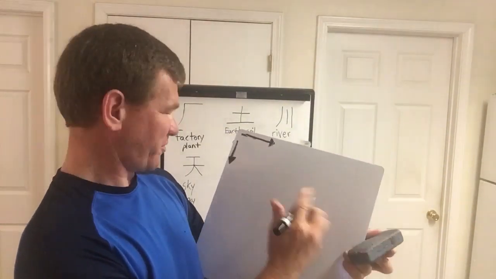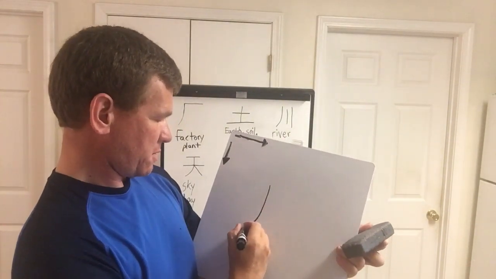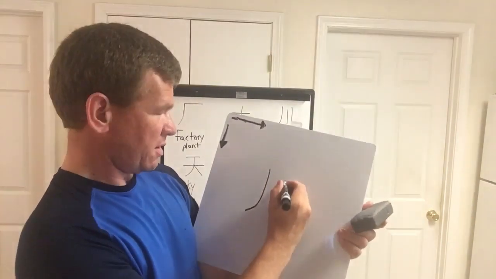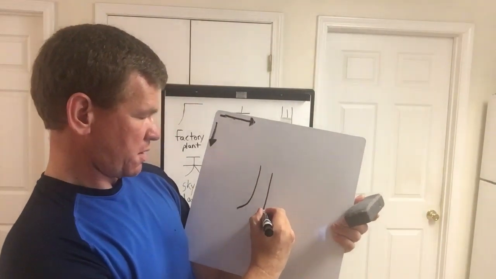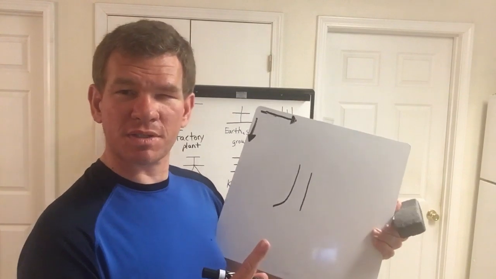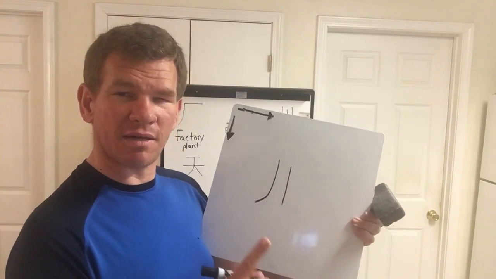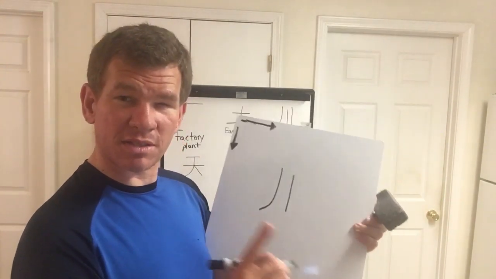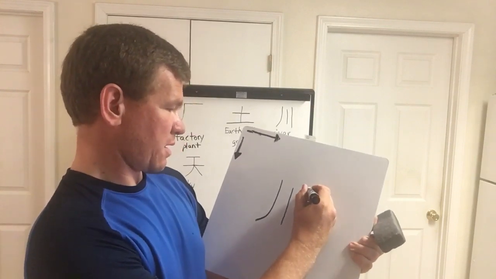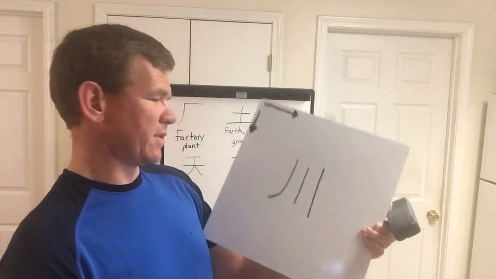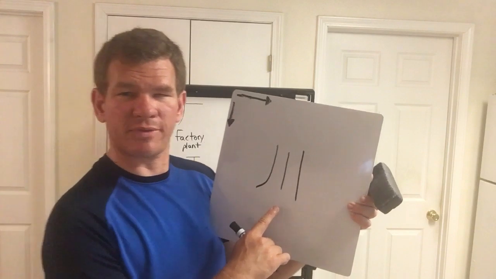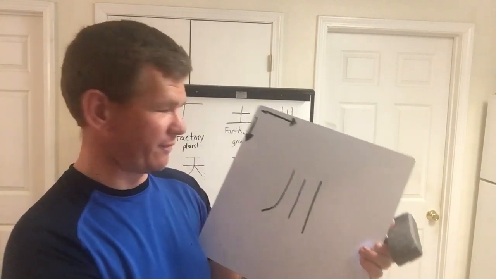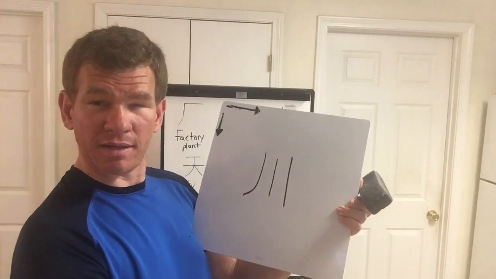It's kind of hard to tell from here. Hooks a little bit at the bottom. The middle one is pretty close to the length of the first and the third, but it's just a little bit shorter. Okay, river. This is river. 3 strokes, all of them go down. From left to right.